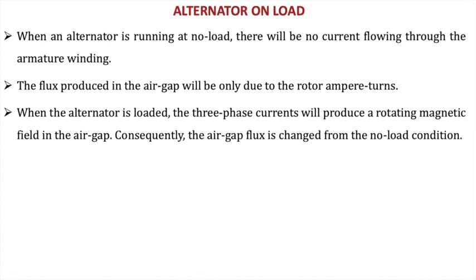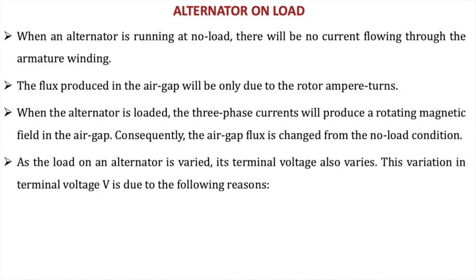That will be a rotating magnetic field because armature is a three-phase AC system. Therefore, it will produce a rotating magnetic field in the air gap, and therefore your air gap flux is changed from the no load condition, because under no load condition this field was equal to 0.